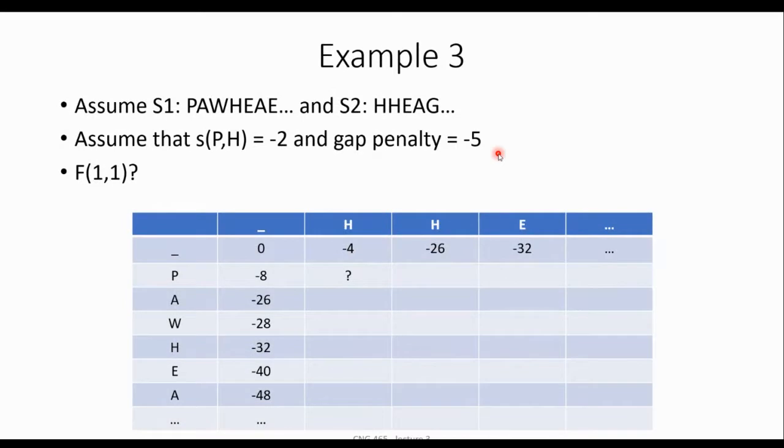Now let's take a look at this example, which is very important for us. Now we want to practice with dynamic programming here. Assume that we have two sequences, and this score function is given to us. It means that whenever you want to align P with H, the score of that is -2. This is useful for us inside our formula.